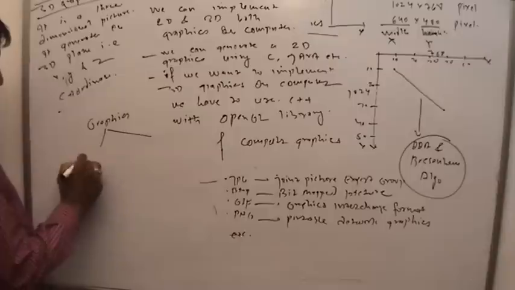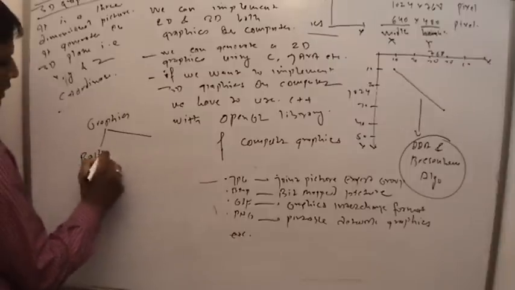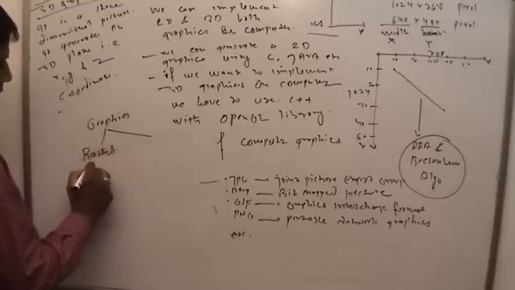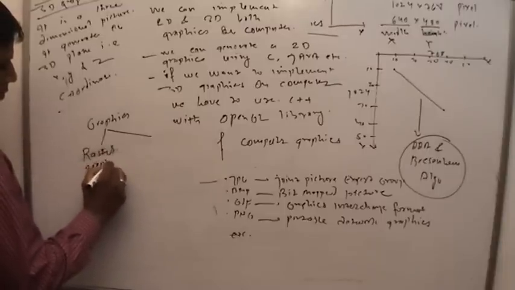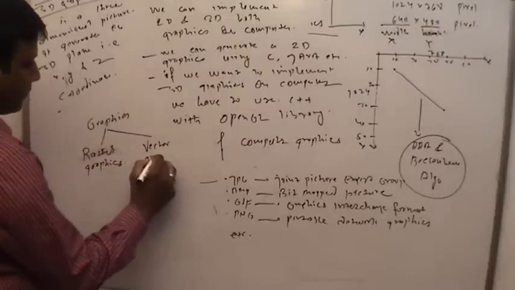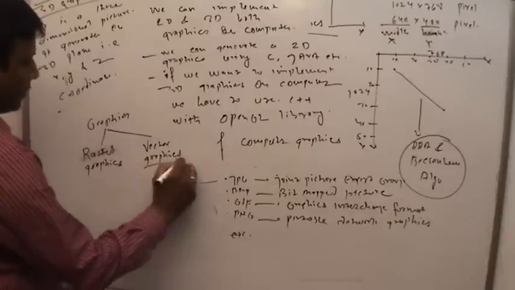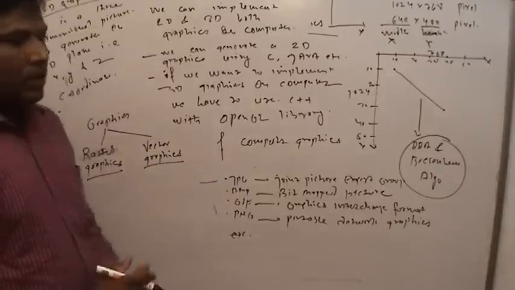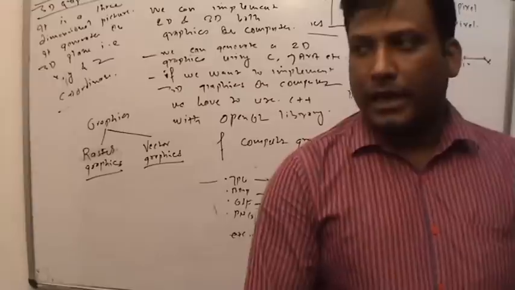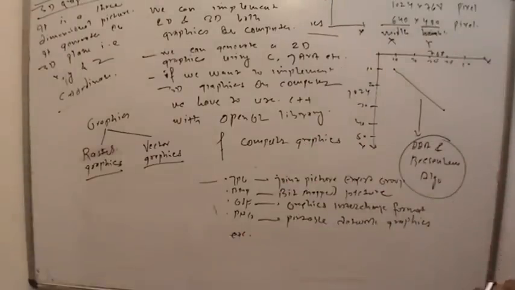Graphics is of two types: raster graphics and vector graphics. Raster graphics is made up of pixels and vector is made up of objects.